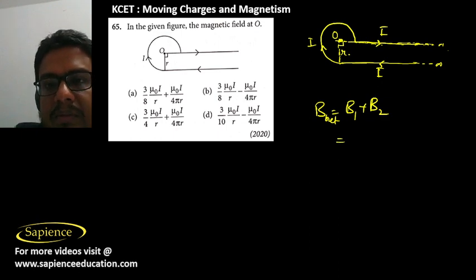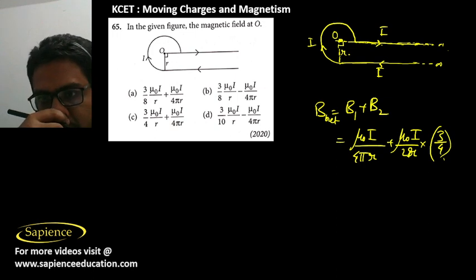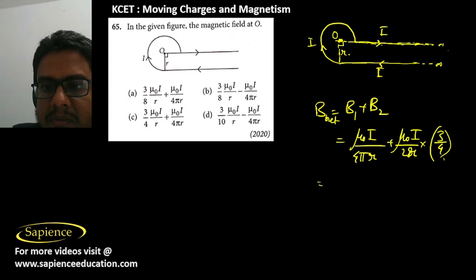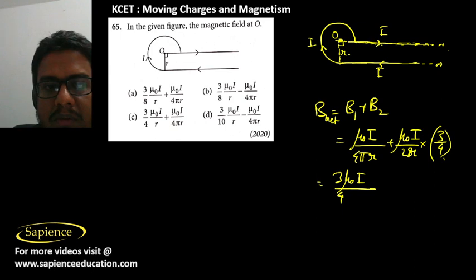B1 will be mu naught I by 4 pi r, plus this will be mu naught N I by 2r. So this is mu naught I by 2r into 3 by 4, as it has 3 by 4 turns. So this will be 3 by 8 mu naught I by r plus mu naught I by 4 pi r. So option C is the correct answer.